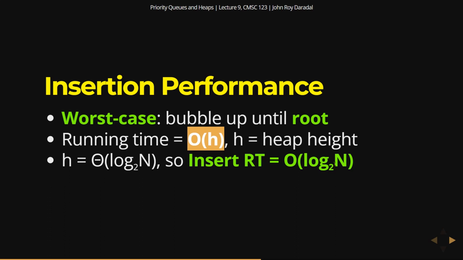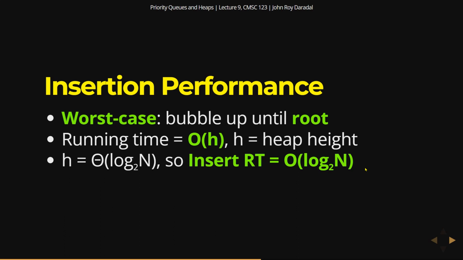Okay, so it's faster than the sorted DLL's insertion, because sorted DLL insertion was O of n, right? Because we had to traverse the whole DLL to find the correct position to insert into. So at least the insertion here is faster because it's log of n base 2.